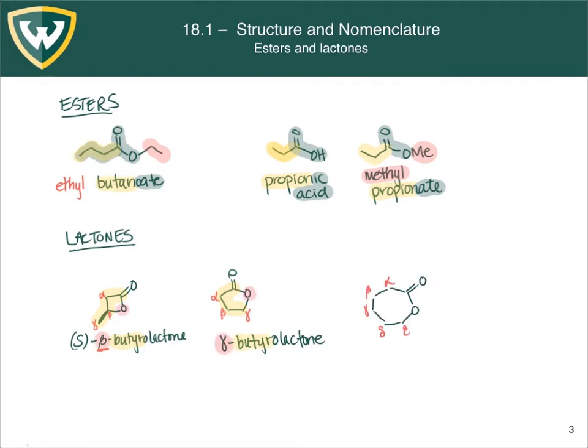This is a 7-membered ring, which is known as epsilon-caprolactone. That's a common name that's used for it. And it can also be named by the IUPAC name, 6-hexanolactone.